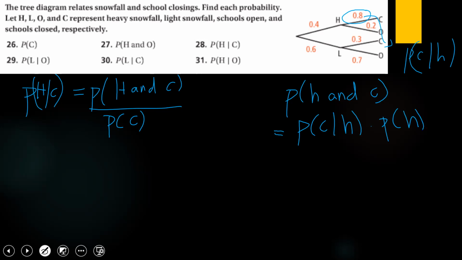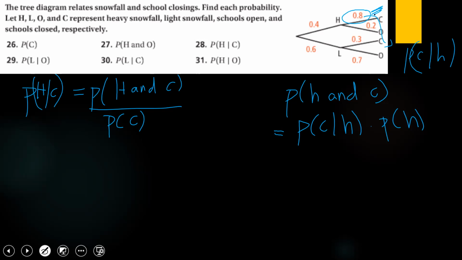I need to find the probability of H given C. Here, the number, which is 0.8, this is C given H. And as I told you, C given H is different than H given C. So the probability of H given C is the probability of H and C over the probability of C.